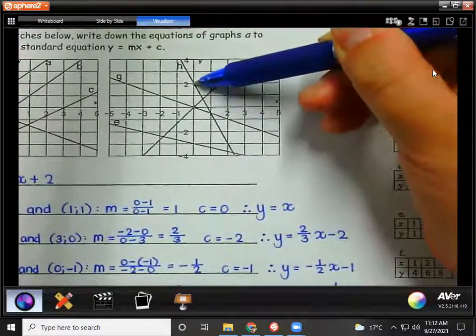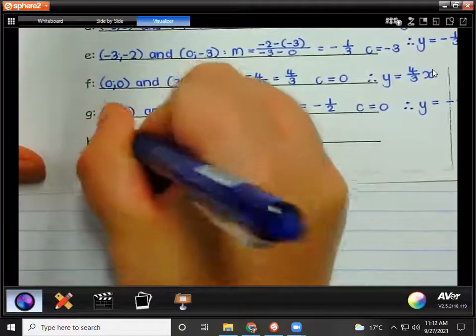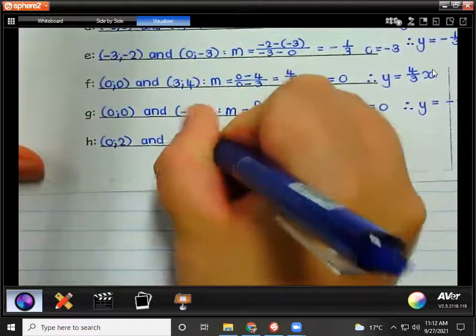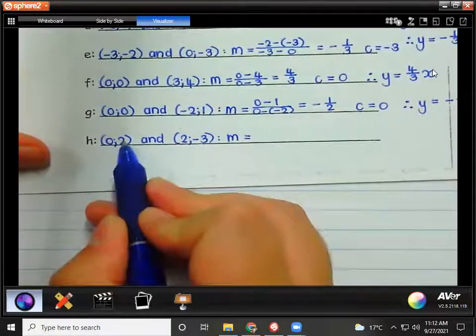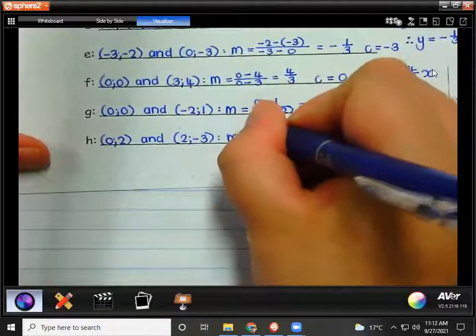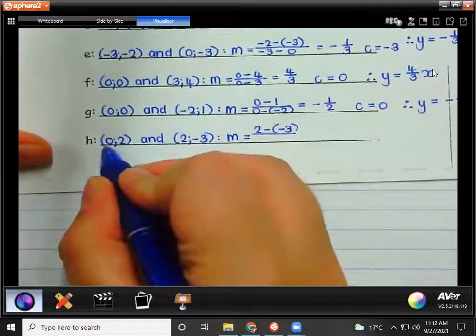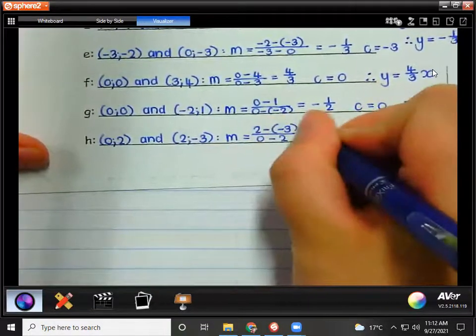I'm taking 0, 2, and 2, -3. My gradient is y minus y, so 2 minus -3 over x minus x, 0 minus 2.